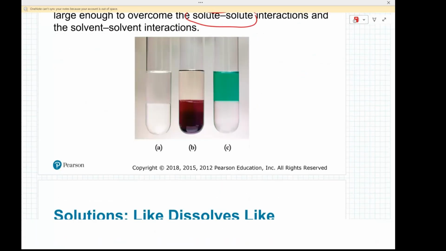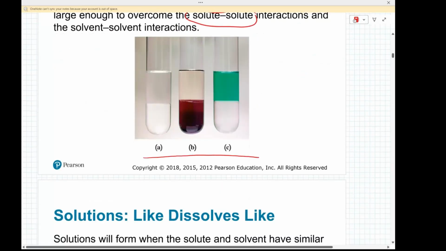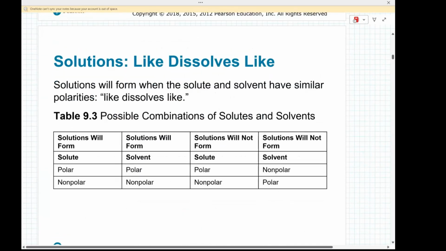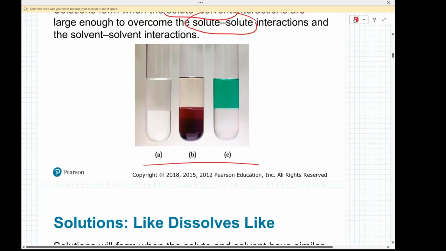So these examples here, for instance, show you that not everything will mix. Does that make sense? The easiest, okay, so you can have something insoluble.